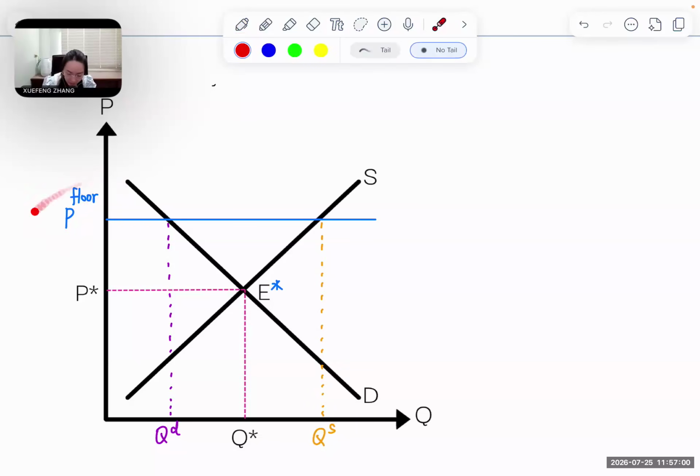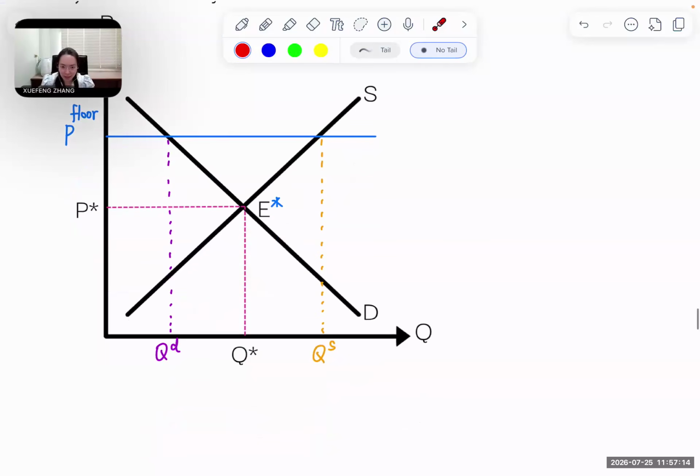Because higher price, which is above the market equilibrium, higher price, higher profit. That's why, as a seller, we want to produce more. But as a buyer, we just won't buy this. All right. So there's a gap again. What is this? Supply is greater than demand, which is surplus.